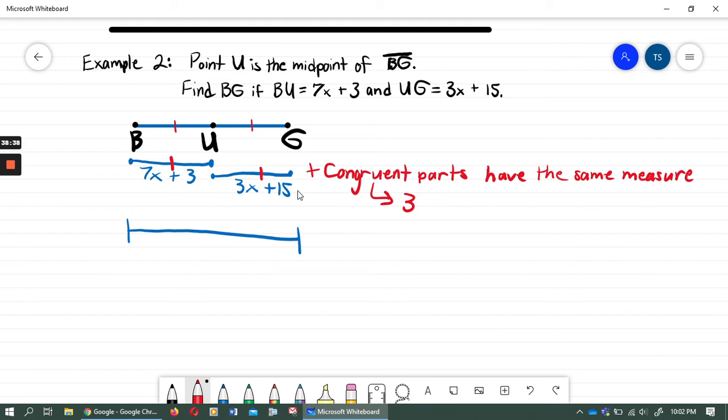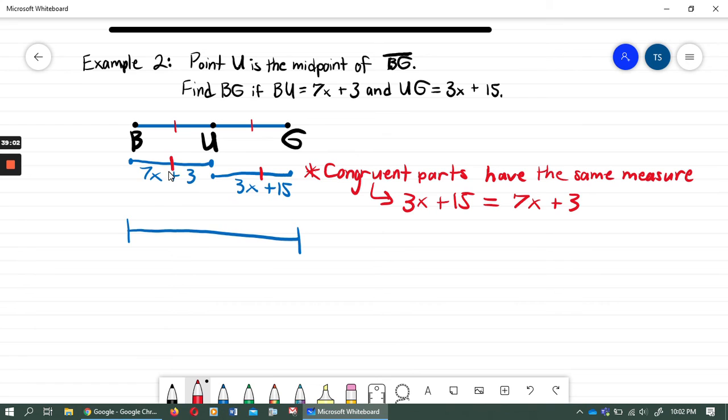That means that 3x plus 15 has to be equal to 7x plus 3. That should make sense if they've told us that point U is a midpoint.